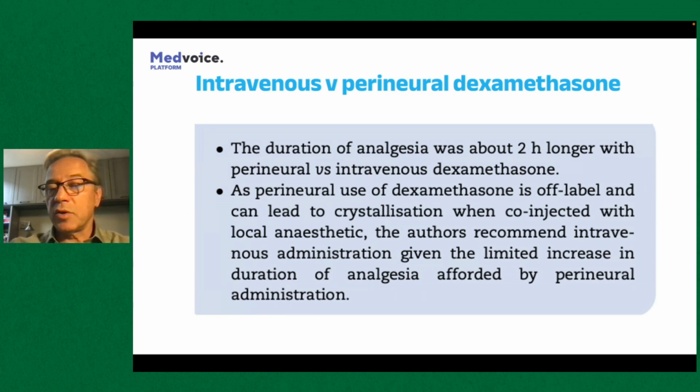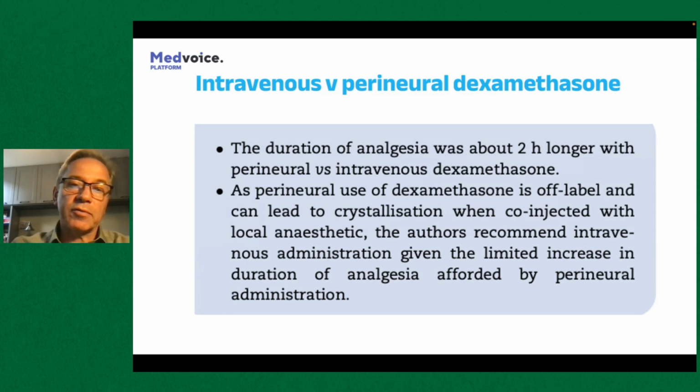However, as perineural use is off-label and can lead to crystallization when co-injected with local anesthetic, the authors actually recommended intravenous administration rather than perineural administration, given the limited increase in duration, only 2 hours, that was for the brachial plexus block, limited increase in duration of analgesia afforded by the perineural administration.